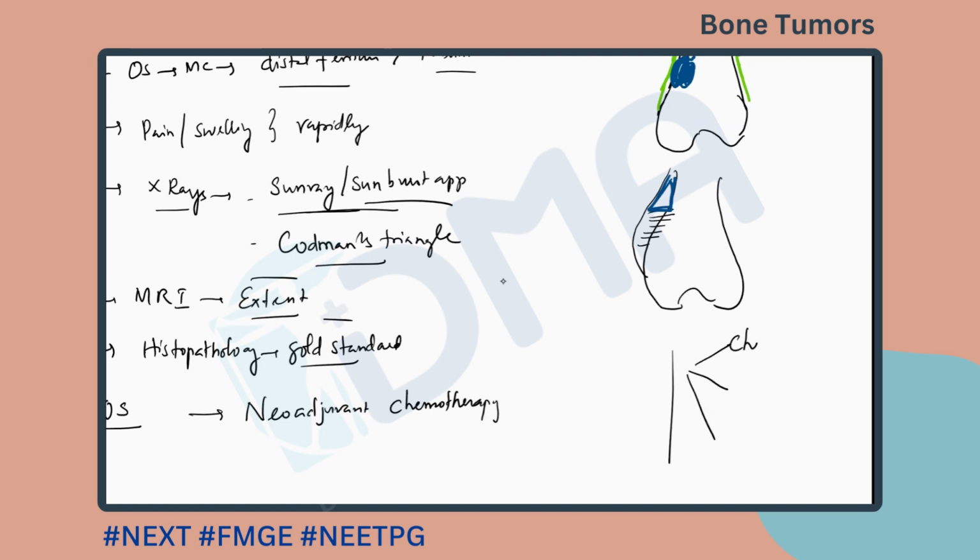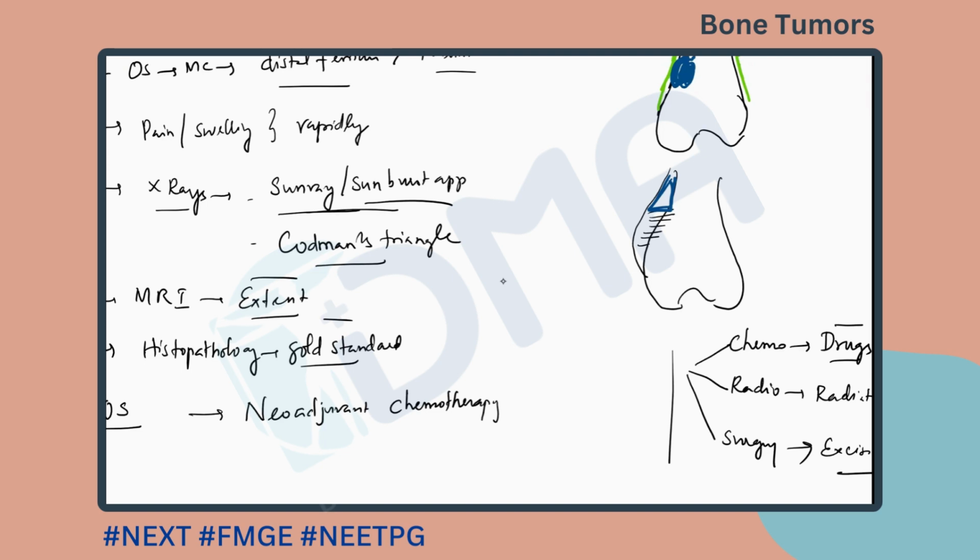One is chemotherapy, another is radiotherapy, another is surgery. What is chemotherapy? You give drugs to control the tumor, then it is called chemotherapy. You give radiation to control the tumor, it is called radiotherapy. You excise the tumor, it is called surgery. So these are the basic modalities of treatment for any tumor.